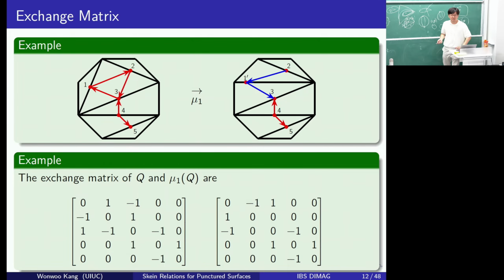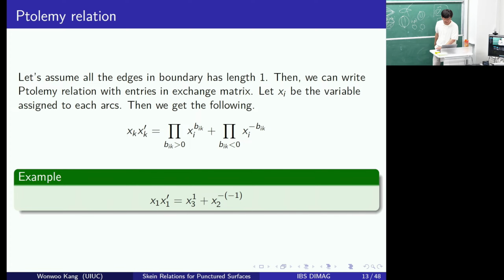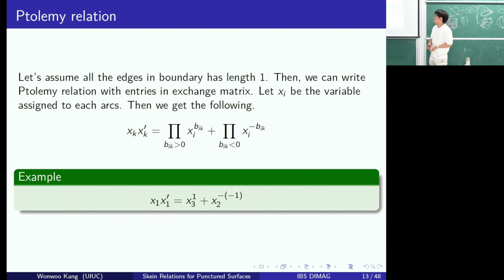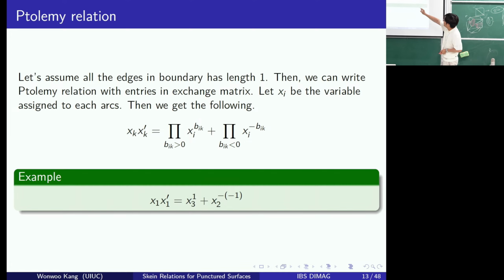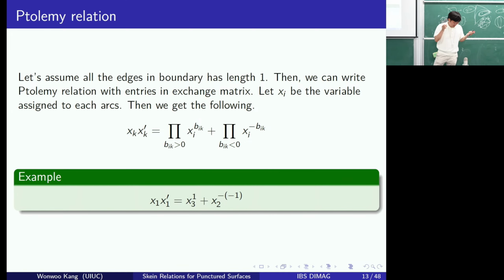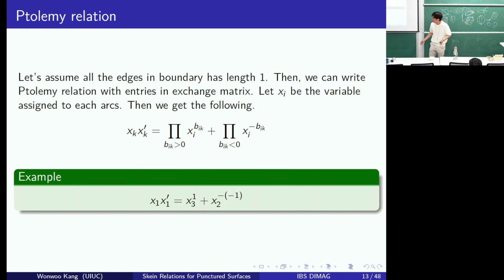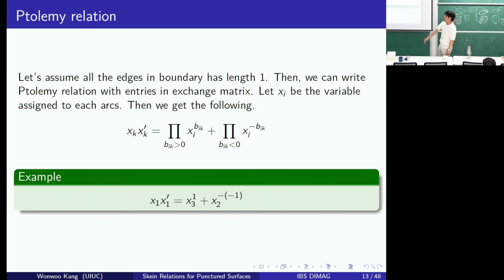Okay, I think I've convinced you up until here, which is great. So the generalization of this Ptolemy relation which we saw will be written in this fashion. The question is, how can we derive the Ptolemy relation, which you actually called a relation in the algebra, from the exchange matrix and quiver and a whole bunch of stuff? You use this rule.